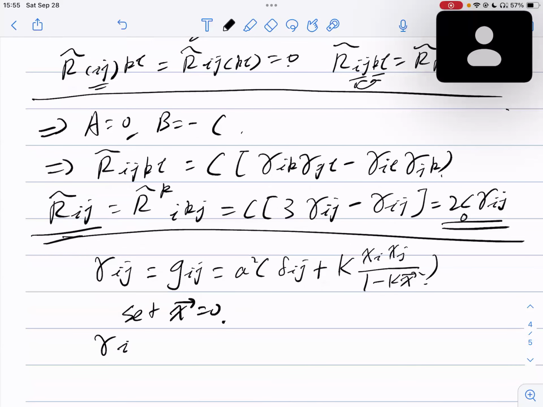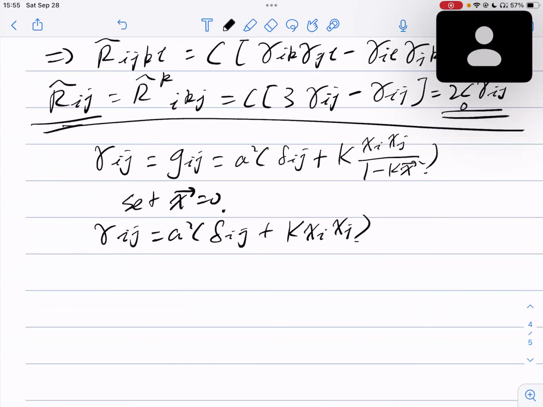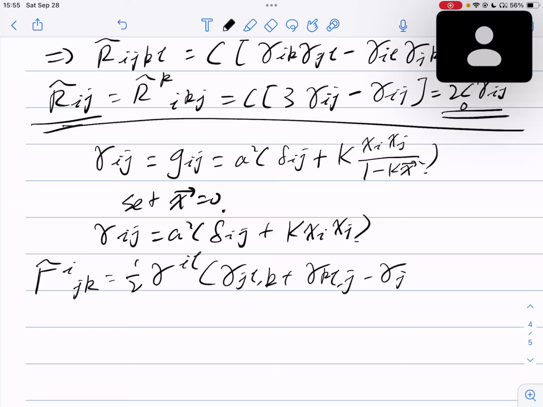Then gamma ij becomes a square delta ij at k xi xj. Now we can use the formula for the Christoffel symbol to calculate this one, for this three-dimensional space, at the origin point, of course, gamma JLK as gamma KLJ minus gamma JKL.